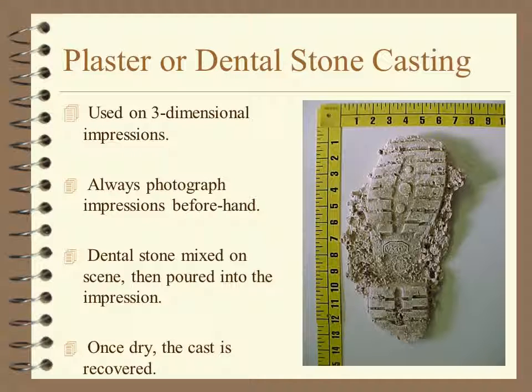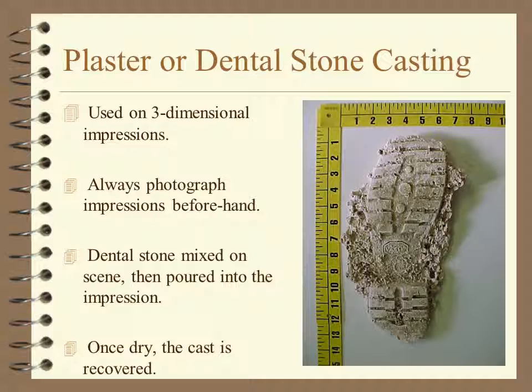Then we have plaster or dental stone casting. These are usually used when you're attempting to cast a three-dimensional impression, such as a footprint or tire impression in dirt or sand. Before you capture any impression, though, you always want to photograph first, with and without scale. You then mix dental stone and pour that into the impression.